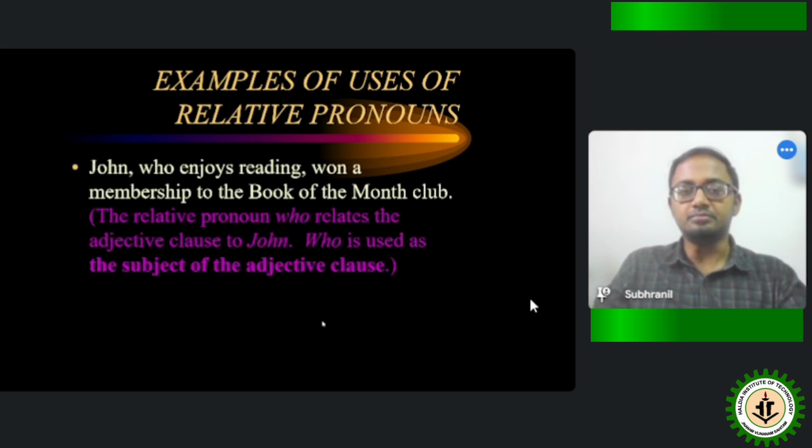John, who enjoys reading, owns a membership to the Book of the Month Club. Here, the relative pronoun who relates the adjective clause to John, who is used as the subject of the adjective clause. Like who enjoys reading? John it is.